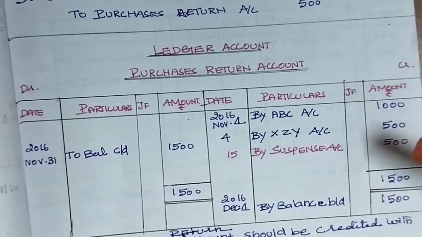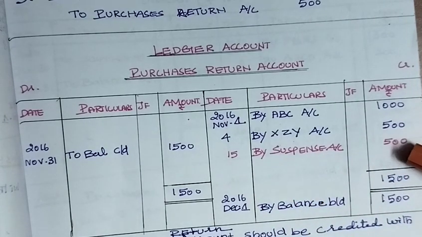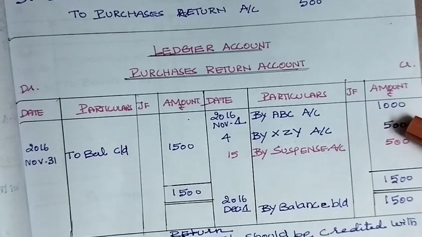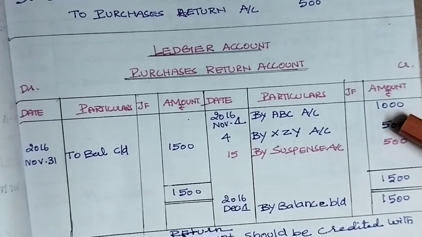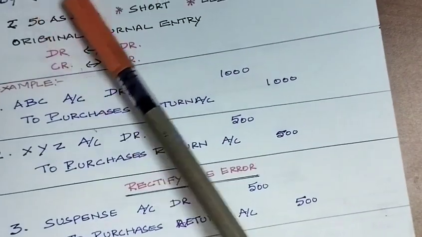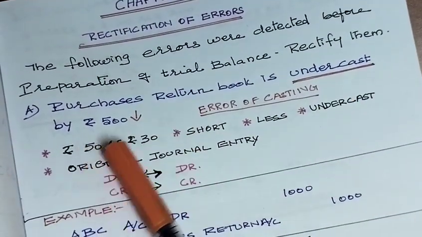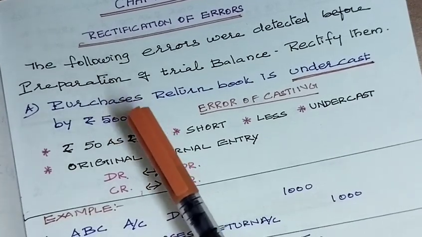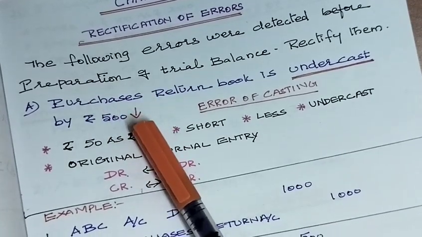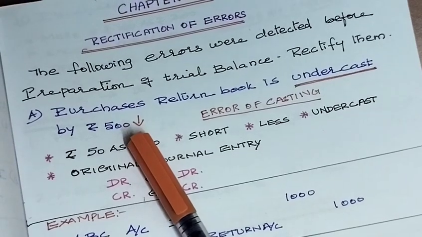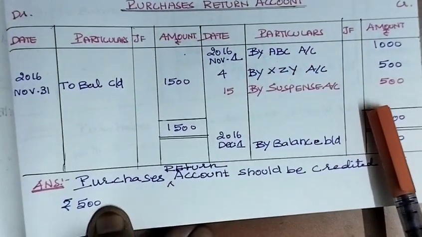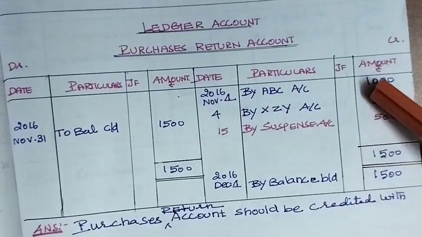Now you have to add that 500 rupees because the purchases written book is undercast by 500 rupees, right? So how do you rectify it? You have to add this 500 rupees on the credit side.